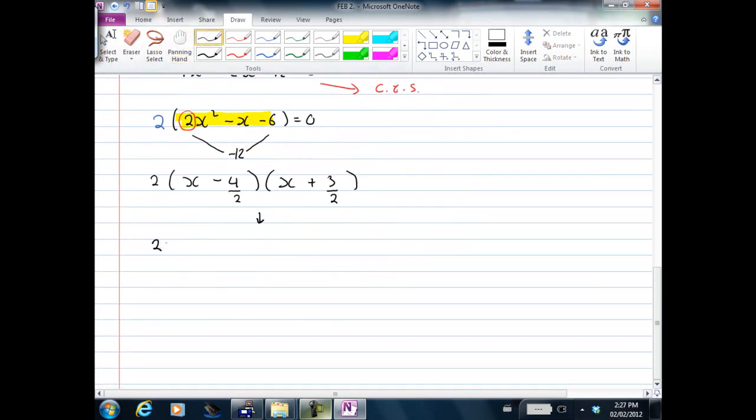So 4 over 2 becomes a nice number, 2. So we write x minus 2. It's very nice. No tricks. Now somebody is saying, hey, 3 doesn't go into 2. So if it doesn't go into 2, we take this 2 and put it in front of x. And your answer really becomes 2x plus 3, and that's how we factor.